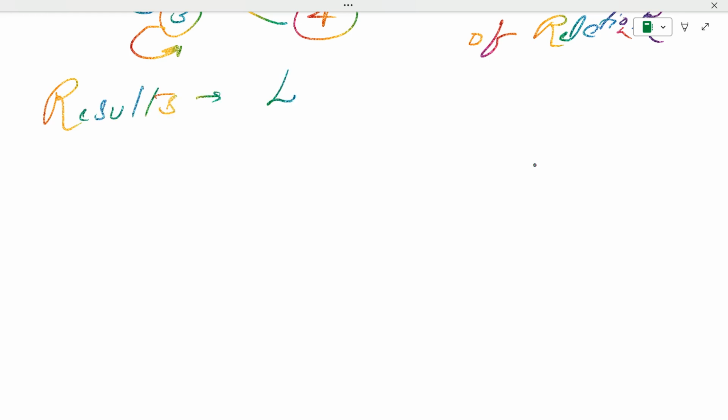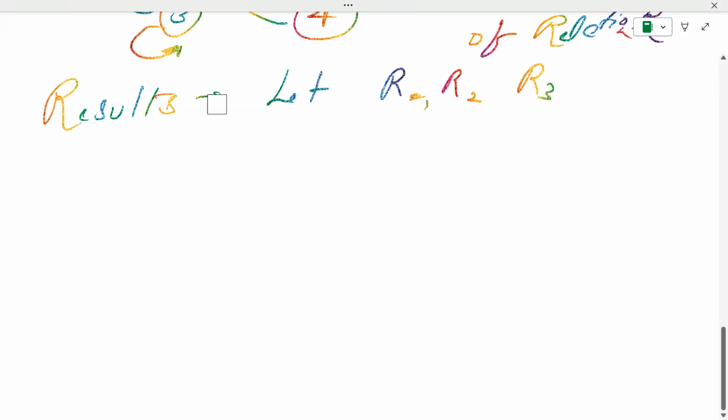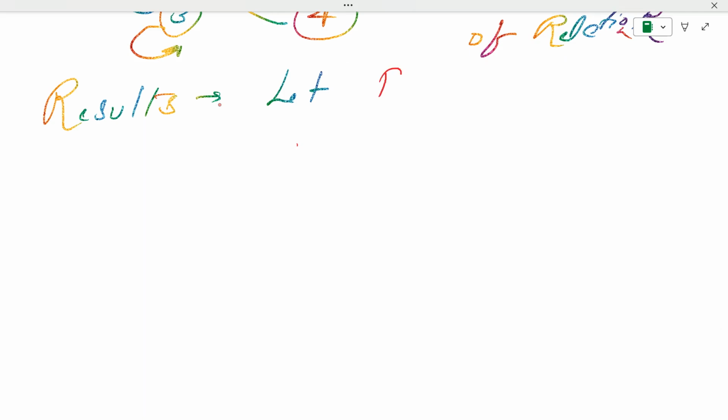So let's say R, R1 and R2 be the relations on A. That will be better.